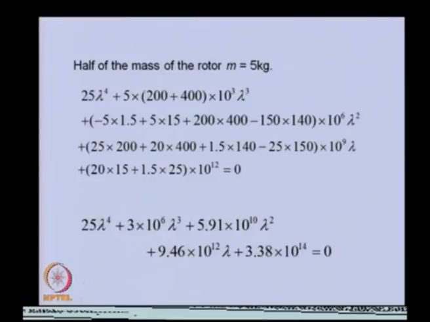So, we can substitute all these parameters in the 4th degree polynomial which we obtained earlier for the rotor system. Basically, we substitute the various values of the stiffness and damping and mass of the rotor, and we get this polynomial having coefficients given like this. This is the 4th degree polynomial.